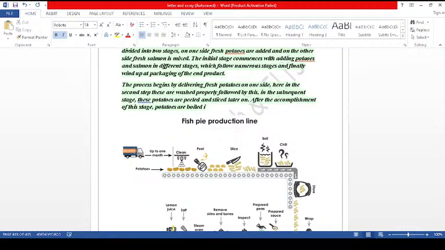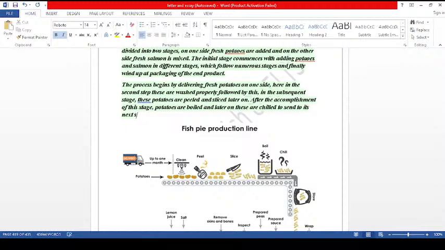Potatoes are boiled and later on these are chilled to send to its next step of storing. So this is your first paragraph.